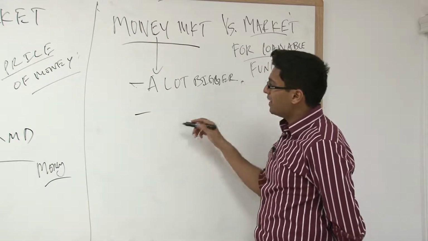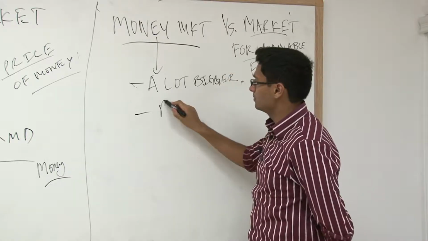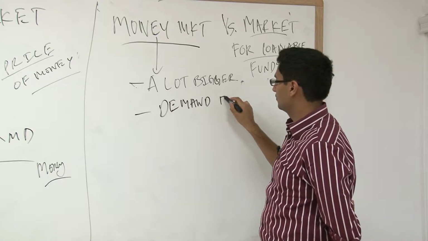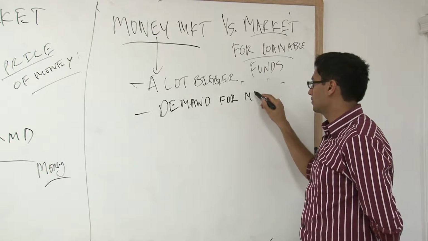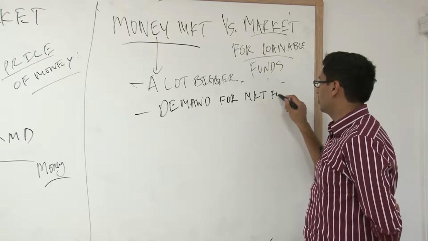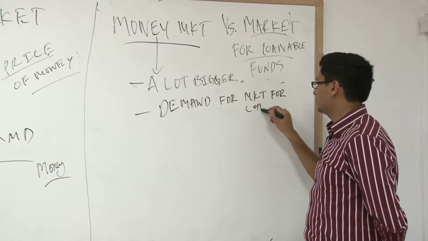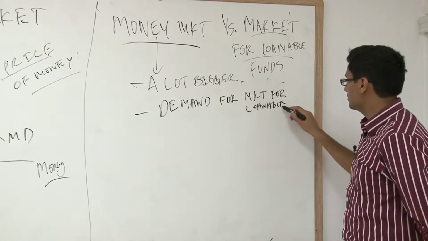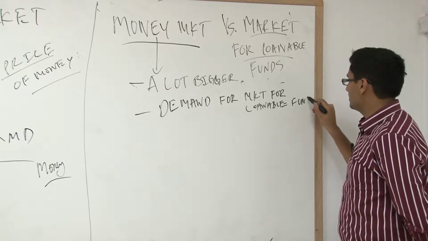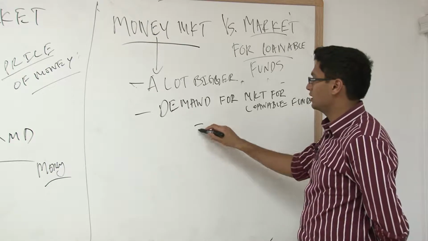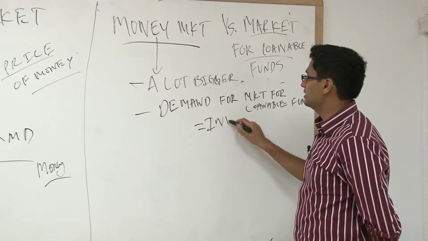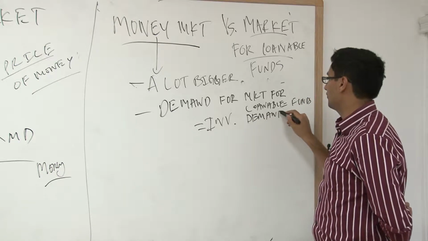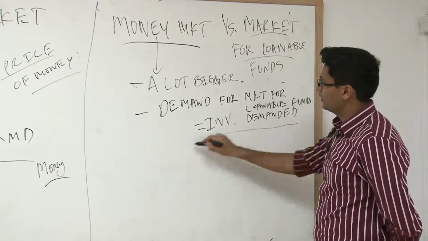The demand in the market for loanable funds is basically the investment demanded by the firms, because they need to invest in different things.